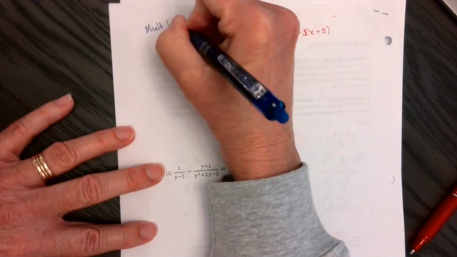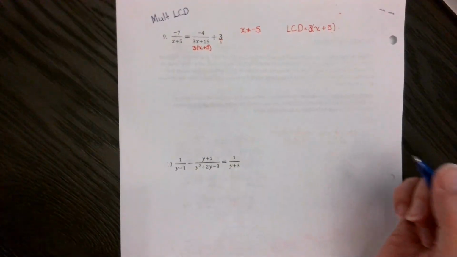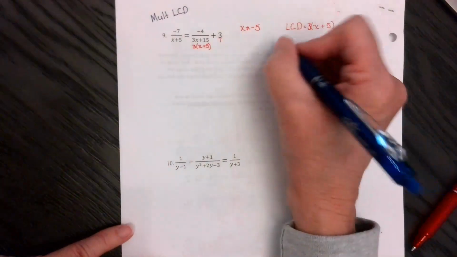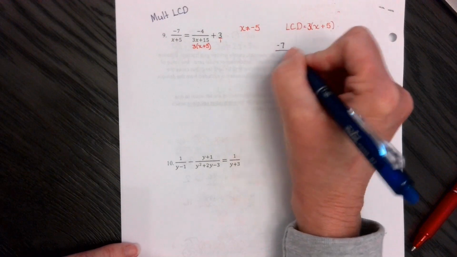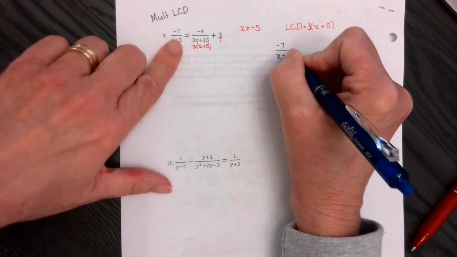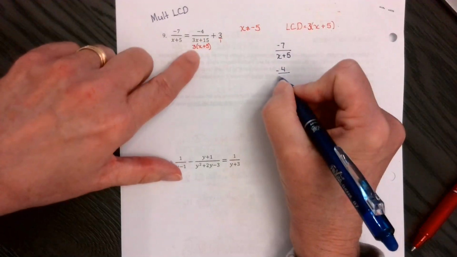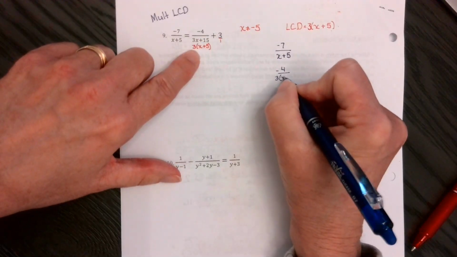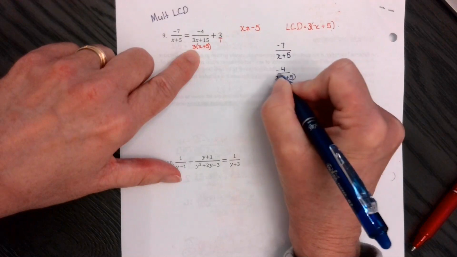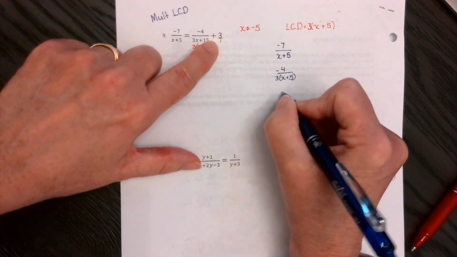Okay. So we're going to multiply by our LCD, just like we did before. So again, if you need to, go over here and write down all our terms, just like we have over here. And I'm going to write it like this: 3 times x plus 5. And then my 3.